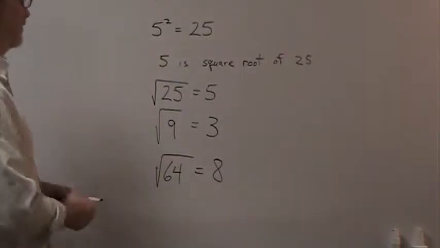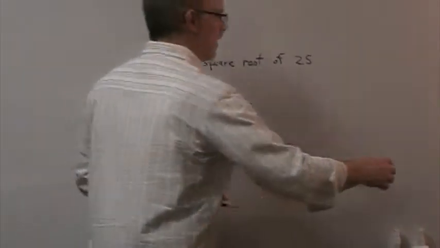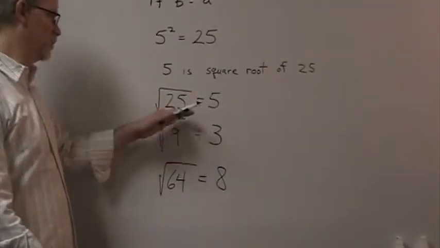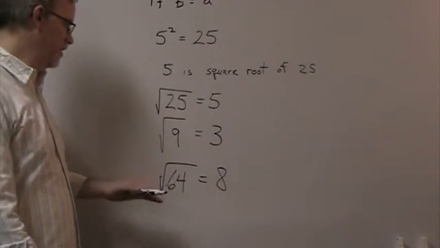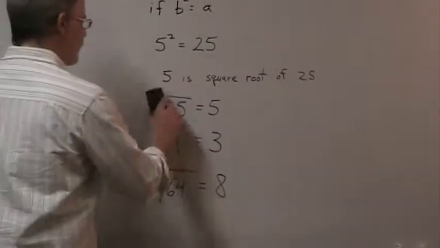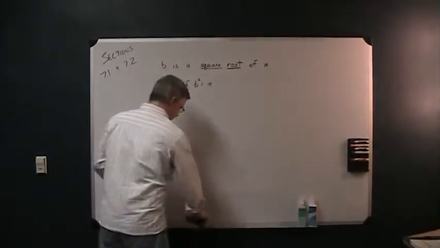Right? So very simple, but I want us to break this down a little bit deeper now. Obviously, you probably already knew that the square root of 25 was 5 and 9 was 3 and 64 was 8. But I want us to look at it in more general terms.